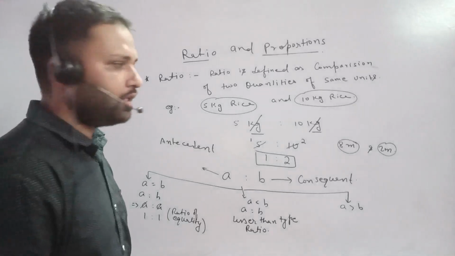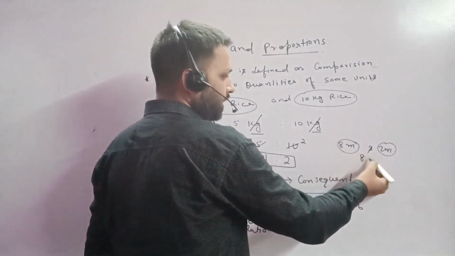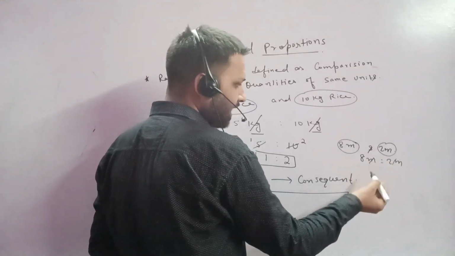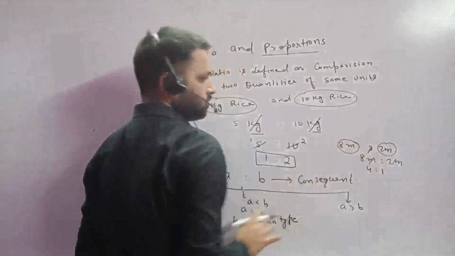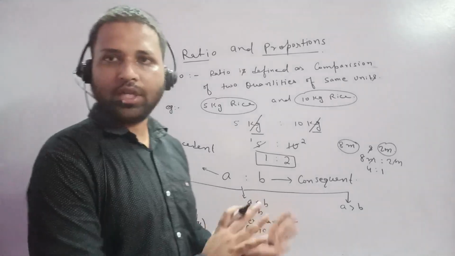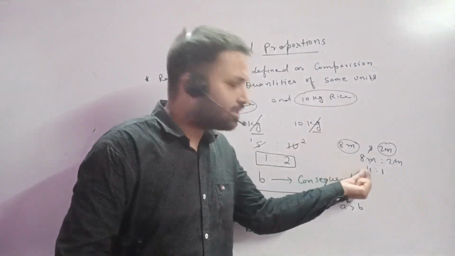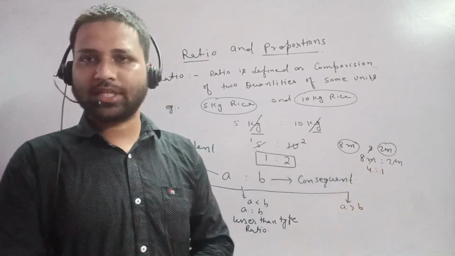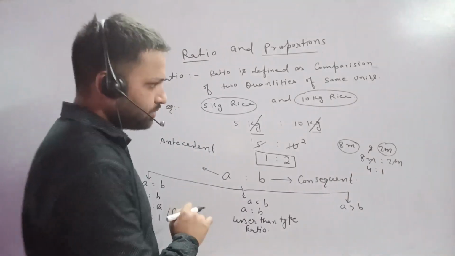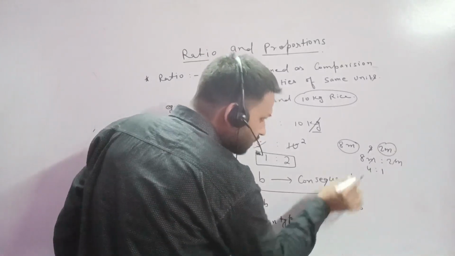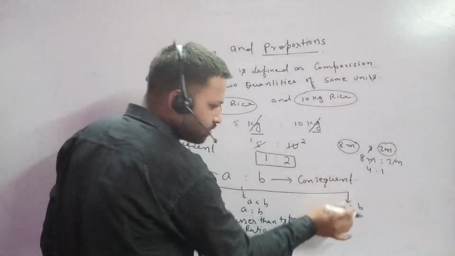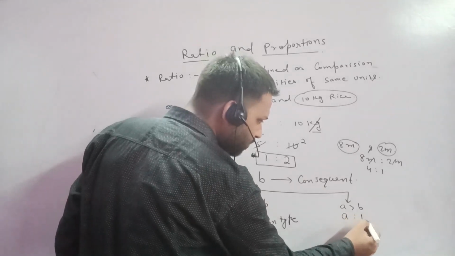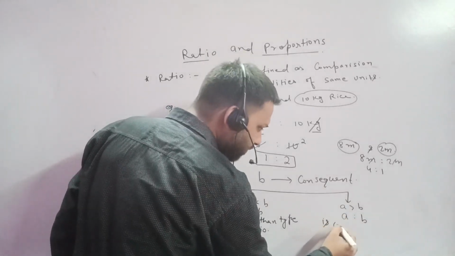Then we have to find the ratio: 8 meter is to 2 meter. Here we see that it is 4:1. That is the final ratio, and here the antecedent is greater than the consequent. So this is the third case, A is to B where A is greater than B. Then we can say that A is to B is a greater than type ratio.